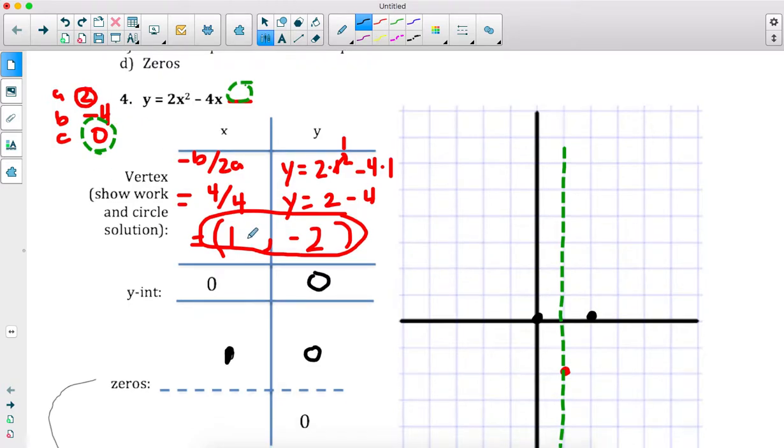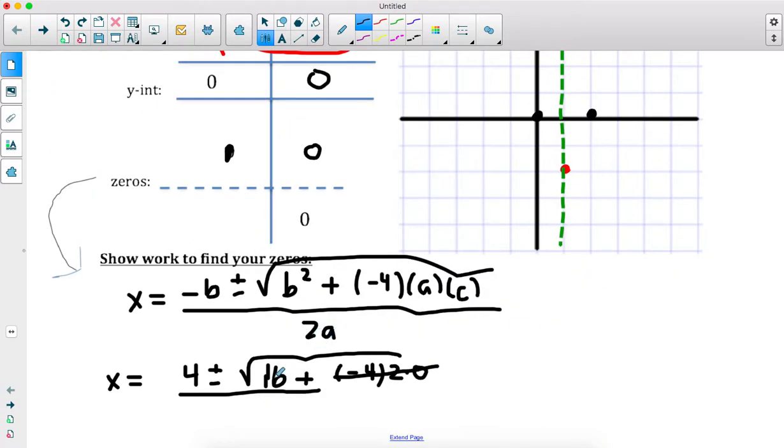A was 2. So 2 times 2 would be 4. So we get 4 plus or minus the square root of 16, which is 4, all over 4. Okay, well, this shouldn't be too hard. So I'm going to rewrite that as 2 separate answers. The first one will be 4 plus 4 divided by 4.